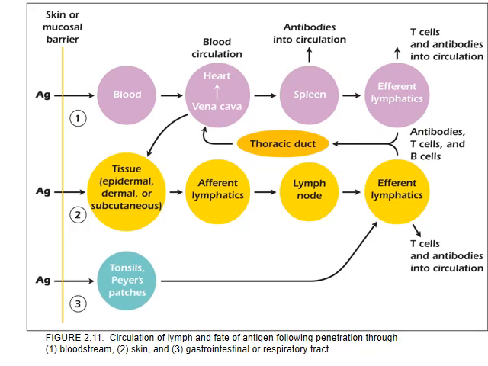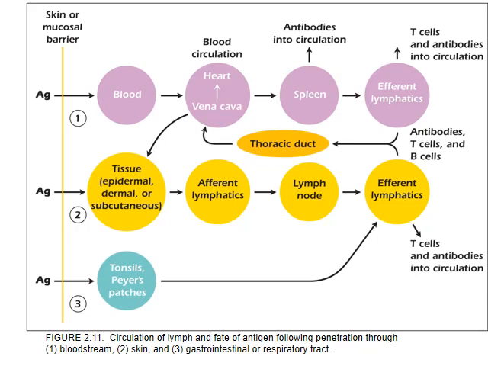For example, if you get a cut or the antigen goes through your blood, it's going to go to circulation, it's going to go to the spleen, and it will go to efferent lymphatics. If it goes through your skin, again, it's going to go to lymphatics, and since the lymphatic system also circulates with the blood, there's a conduit where the lymphatic system talks to that. And then there are Peyer's patches.